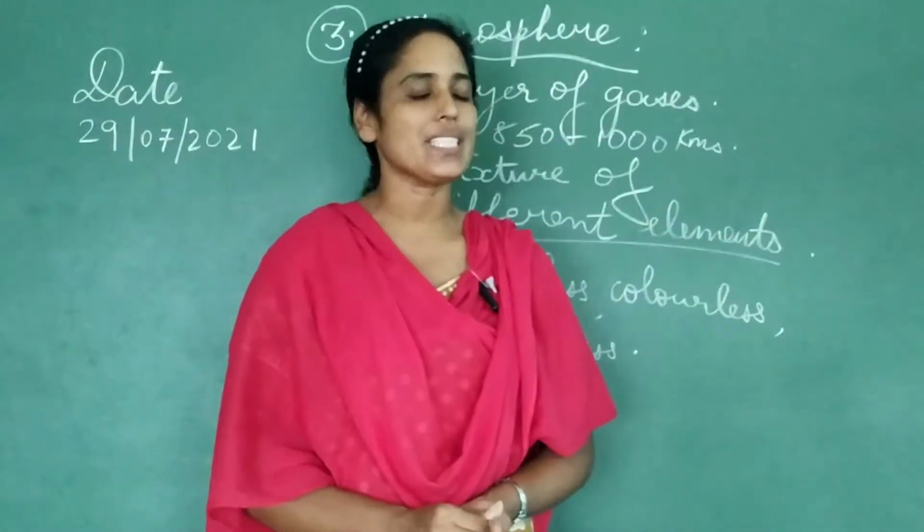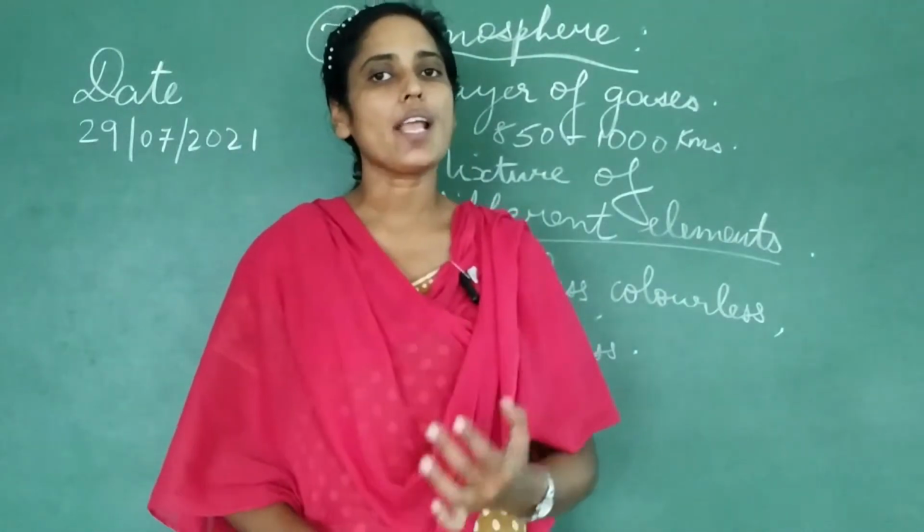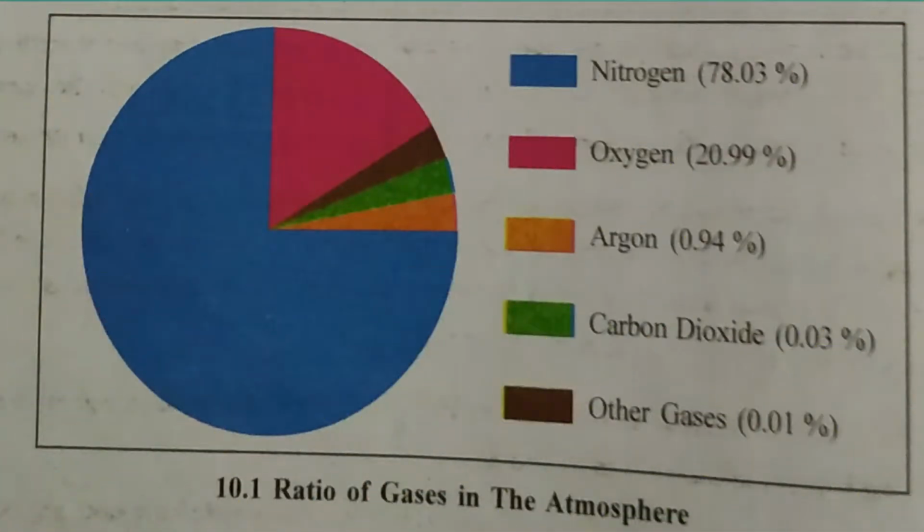Now see students on the screen the figure of the ratio of gases in the atmosphere. Ratio of gases means how much percentage each gas is there approximately in the atmosphere. There are many gases, but these are the main ones.